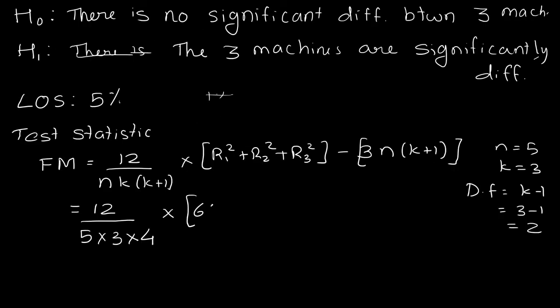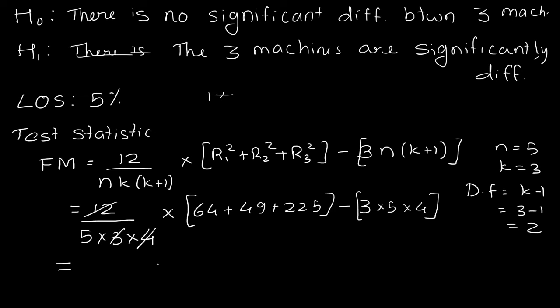Okay, so 64 plus 49 plus 225 minus 3 times this n is my 5 again, and k plus 1 is 4. Okay, so when you solve this, 12 will be cancelled with these 3 and 4. Okay, and whenever you will solve this further, you will get this around 7.6. This will be my Fm value. This will be my calculated test statistic.